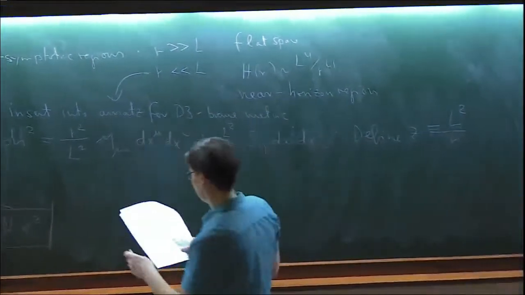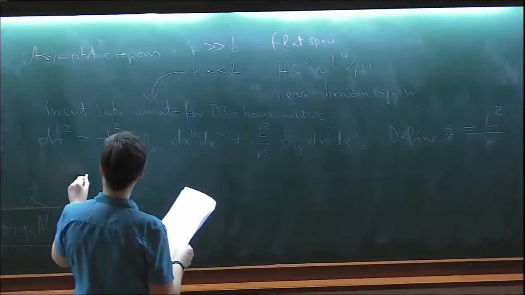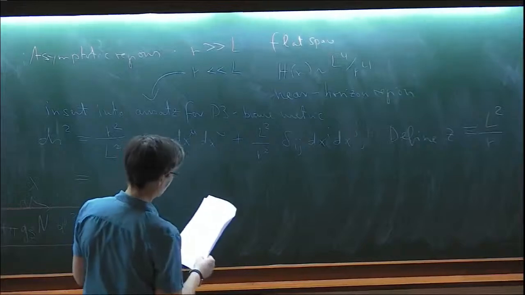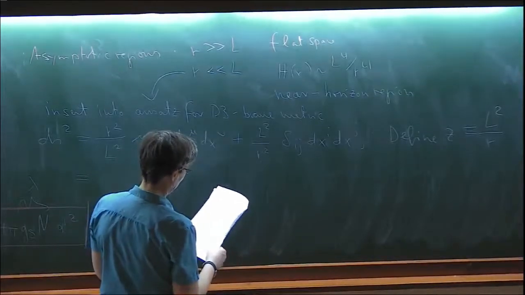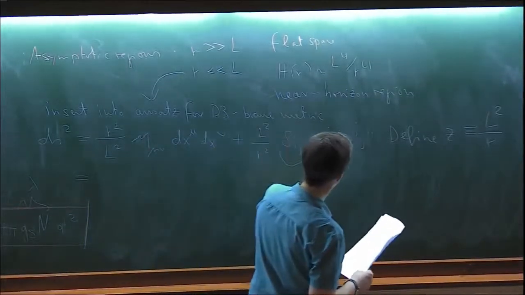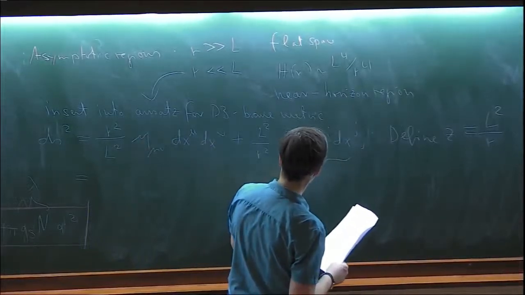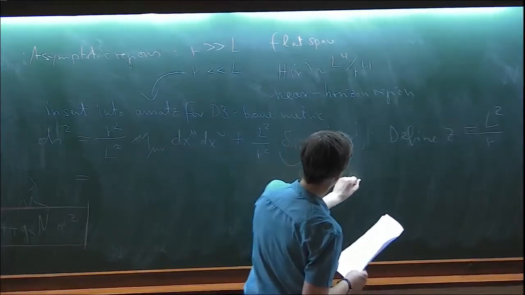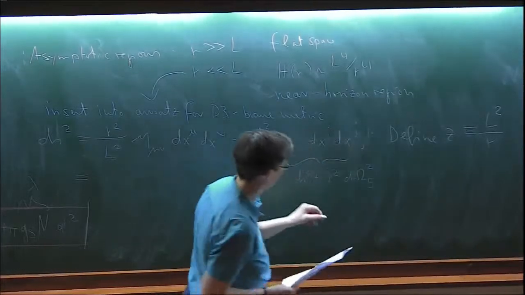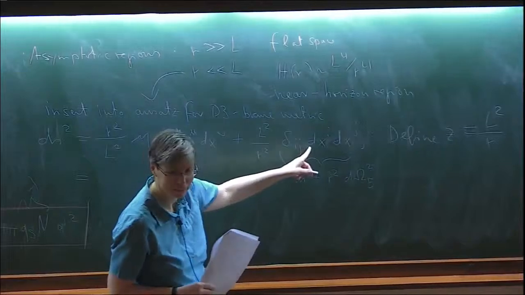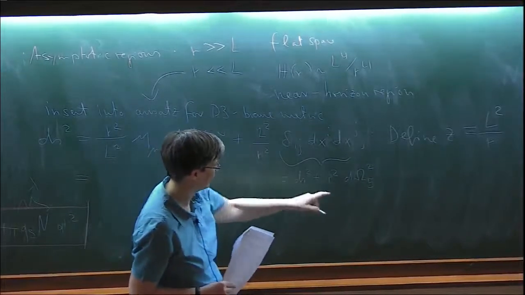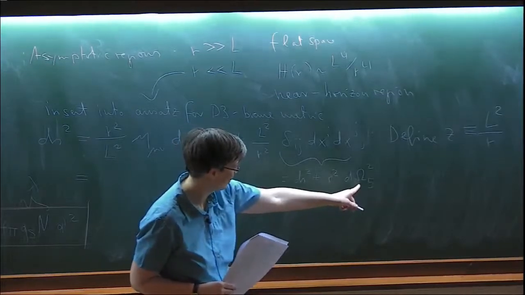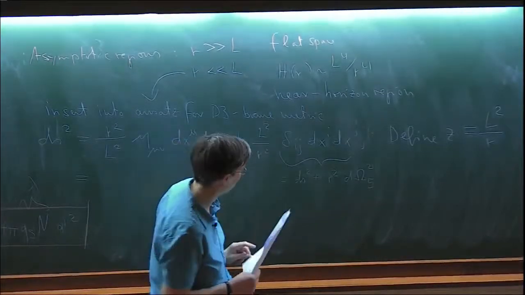If I do that, then I can regroup things a little differently, because I can write this as dr squared plus r squared d omega 5 squared. So these are 6 coordinates in flat space, and I can introduce polar coordinates in 6 dimensions. These are 5 angles and 1 radial coordinate.